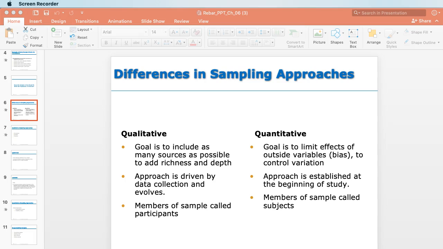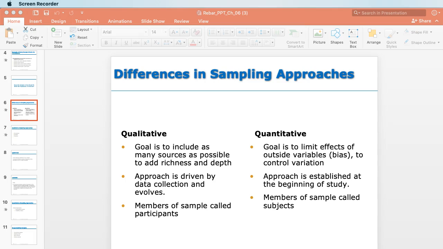In quantitative, at the start of the study, based upon the types of instruments that are being used, types of questionnaires or tools, the researcher can use software to help them determine the proper sample size for their study.